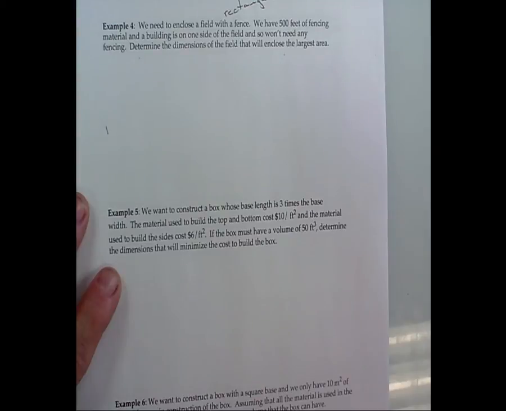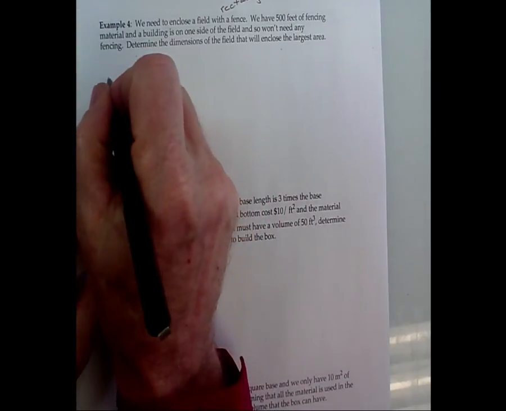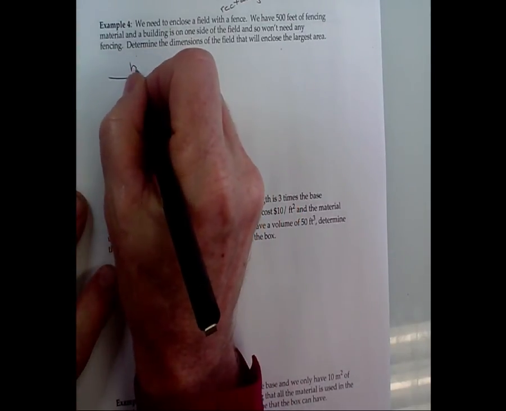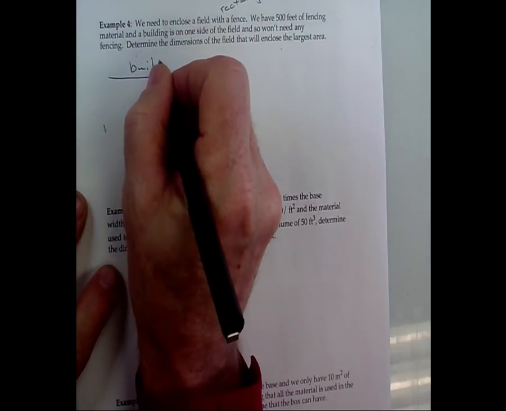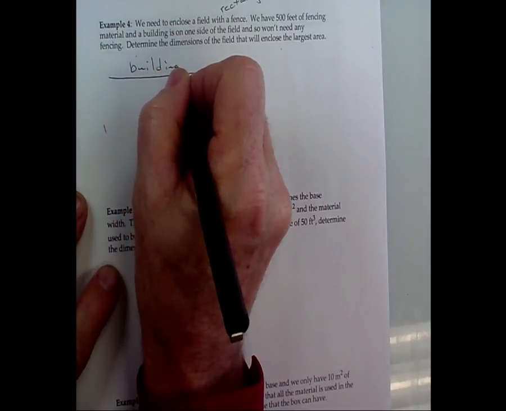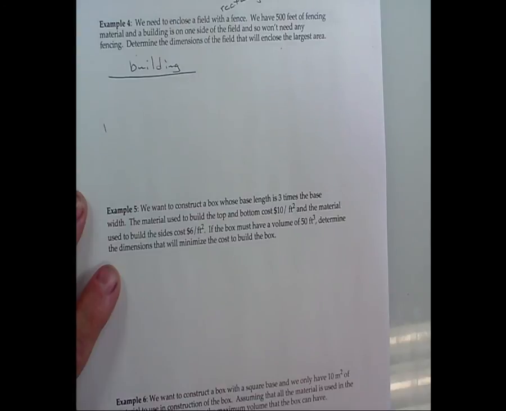Can I make that any more confusing? So over here, here's my building. Maybe it's a barn or a shed. Or let's say you're housing your child and you live on a corner of a busy street, and you only have 500 feet of fencing.